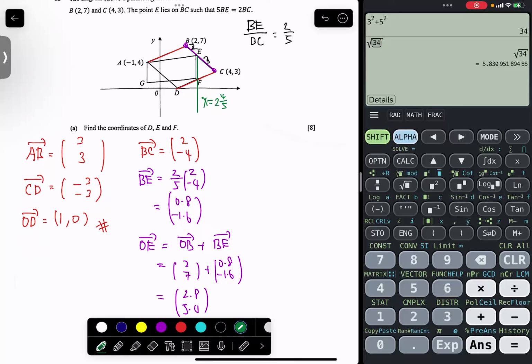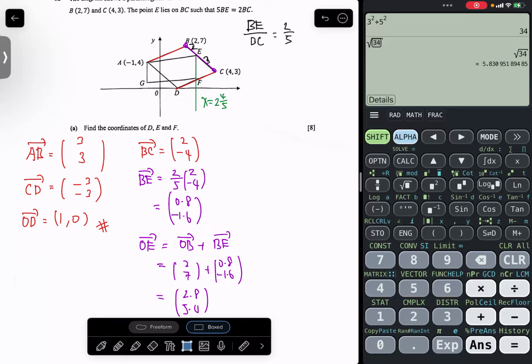So it's not very fair for this question. If you never read on, you would have thought it would have been a midpoint, which was my initial thought. Is F a midpoint, when they draw it like this? So reading downwards, I realized that x equals 2 whole 4 over 5.